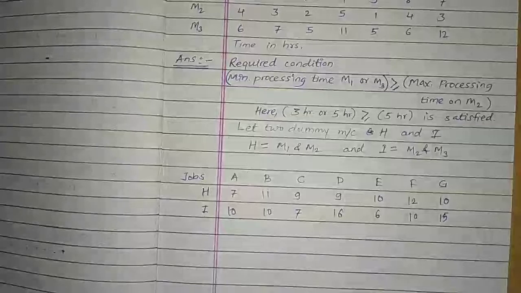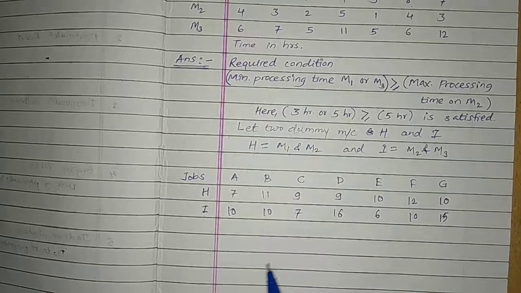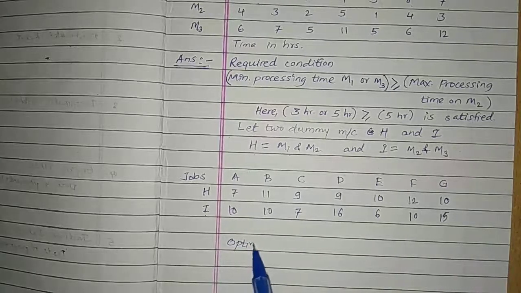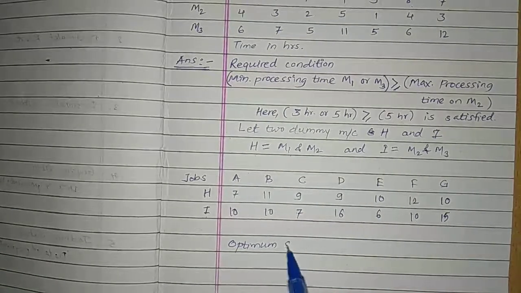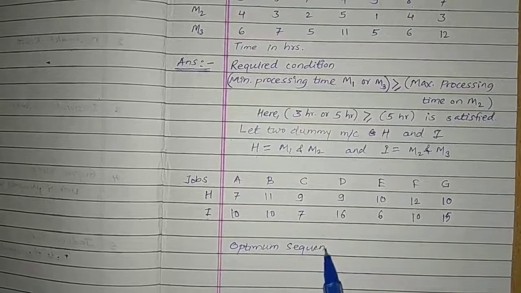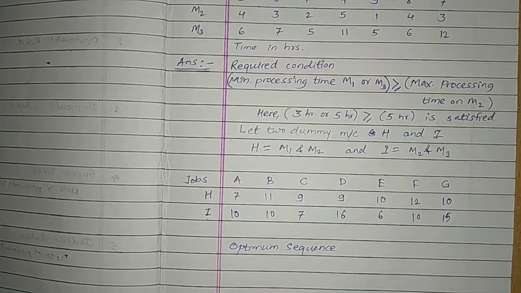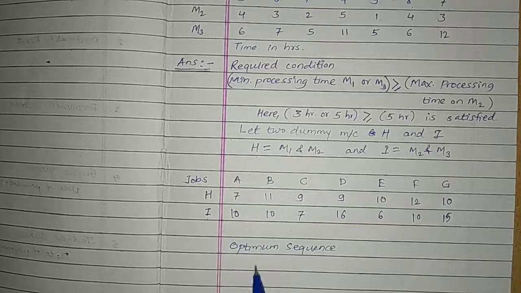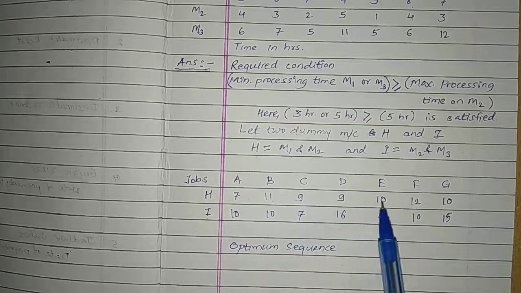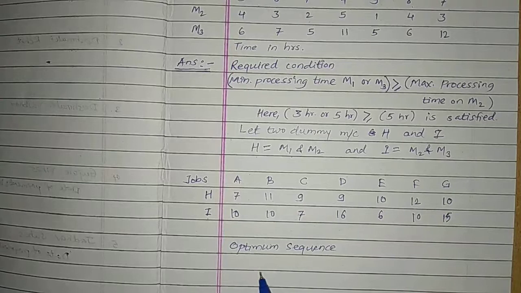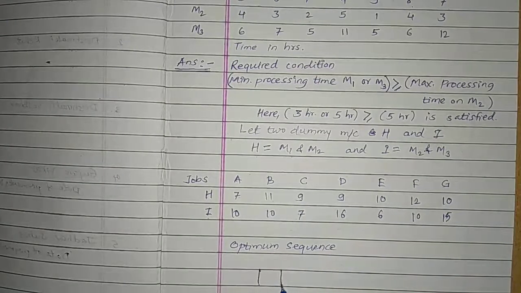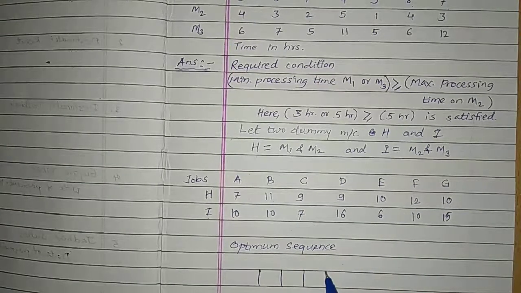Now let us find out the optimum sequence by Johnson's algorithm. I prepare here 7 blocks, 1 2 3 4 5 6 7, to write the sequence.